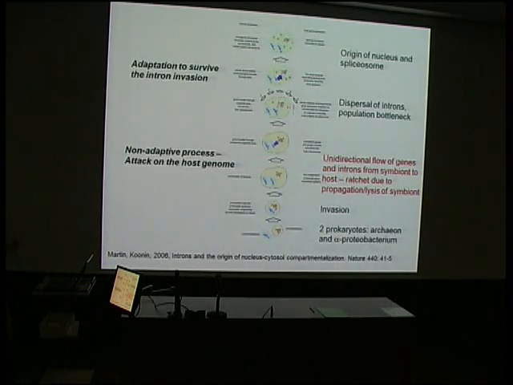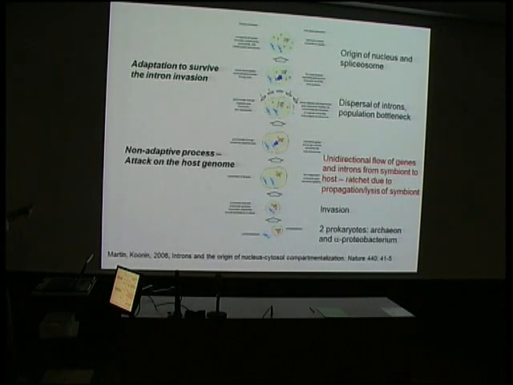The evolution of eukaryotes starts with 2 prokaryotes, an archaeal host and the alpha-proteobacterial invader, the ancestor of the mitochondria. The endosymbiosis creates a unidirectional flow of genes and introns, of DNA in general, from the symbiont, due to the propagation of multiple copies of the symbiont, multiple symbiotic cells, and lysis of the symbionts in the chimeric cell.